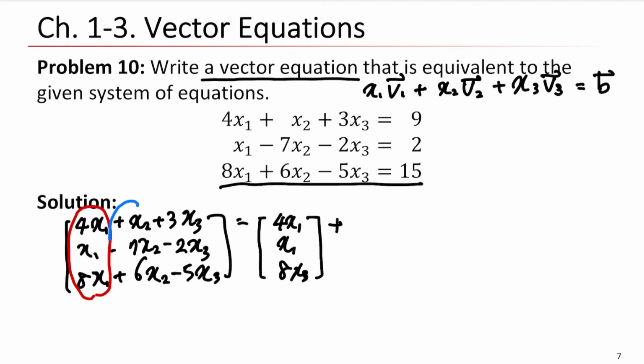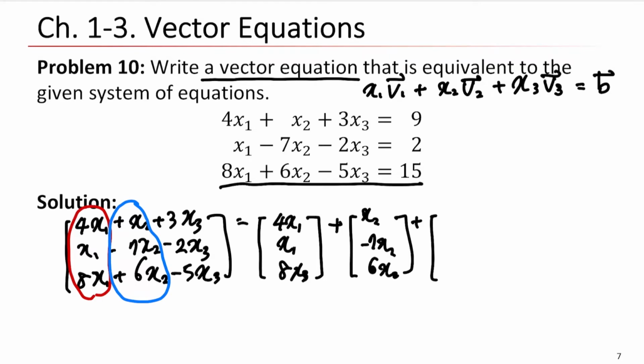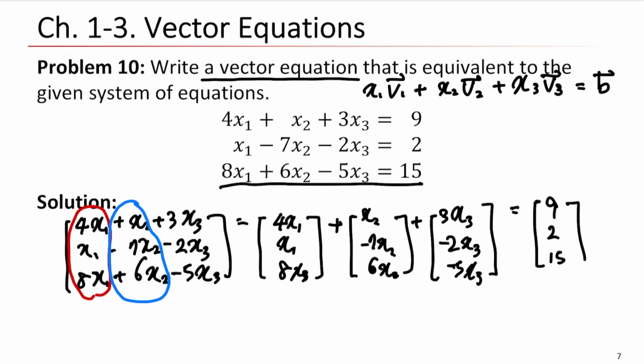And we can find the term related to x2, then make a new column vector like 7x2, 6x2, right? Finally, the 3x3, 2x3, something like minus 5x3, right? So this is the problem 9 to 15, right?